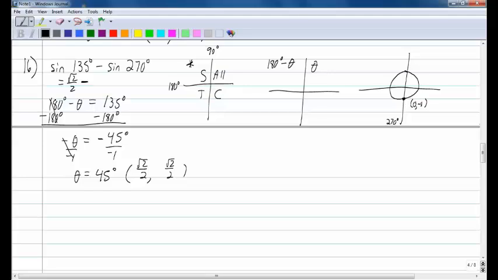Sine is the y-coordinate. So it's negative 1. So this is square root of 2 over 2 minus, and the sine of 270 degrees is negative 1. Now I'm going to have to simplify that. I'm going to do that right here. So I have the square root of 2 over 2 plus 1. If I look on my answer sheet, I don't see that.